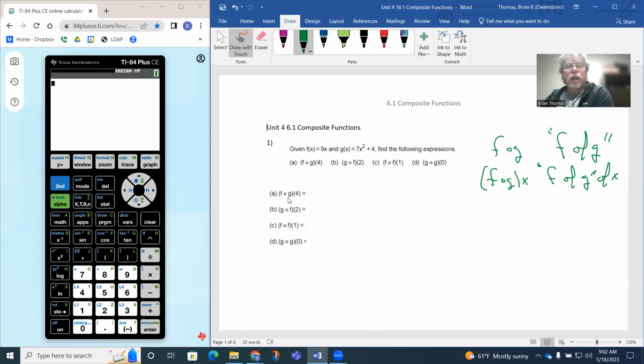So if I want to evaluate f of g of 4, basically this means f of g of 4. Notice that we actually have to evaluate g of 4 first.